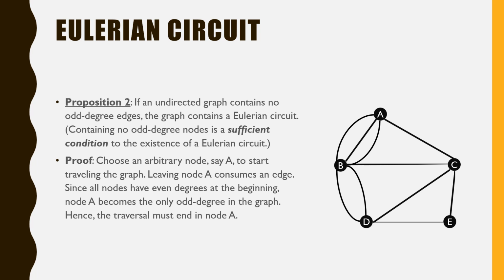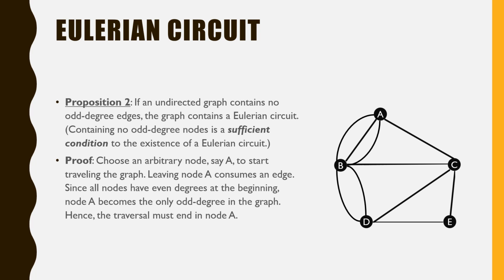To begin, select an arbitrary node to start the traversal. Say node A, as shown in the figure on the right. Again, note that traversal in this context means continuously following an unvisited edge if one is available, which ensures a valid path.